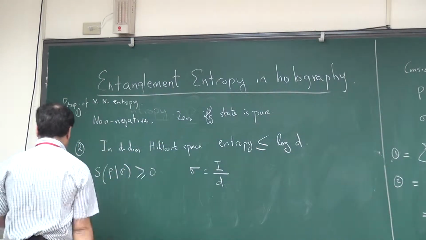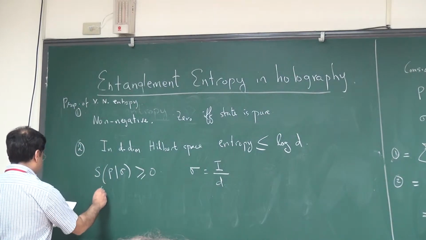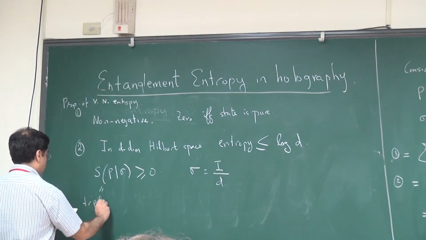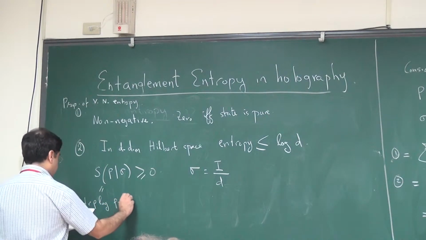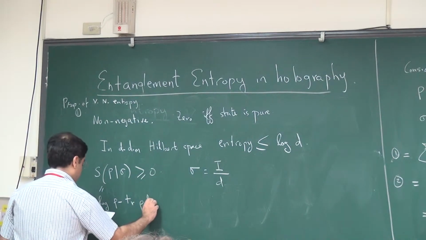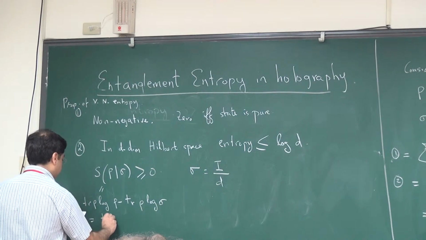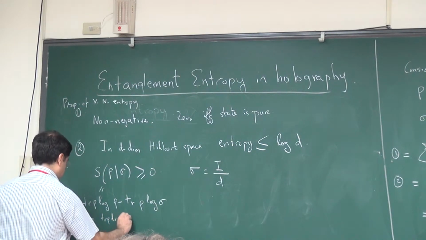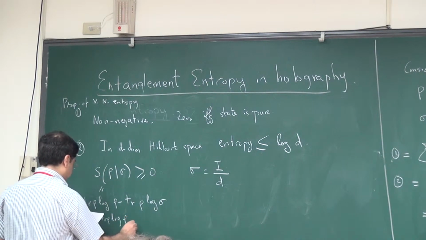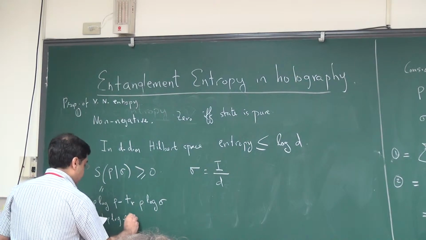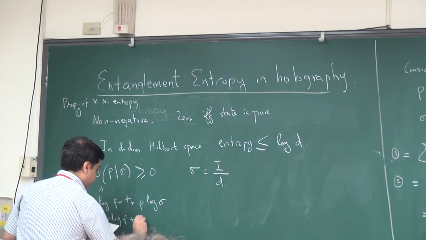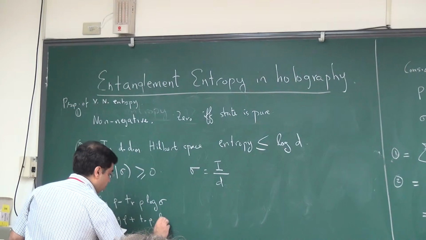If you do that, then the left-hand side becomes trace rho log rho minus trace rho log sigma. This is trace rho log rho, and this is plus trace of rho times log d.